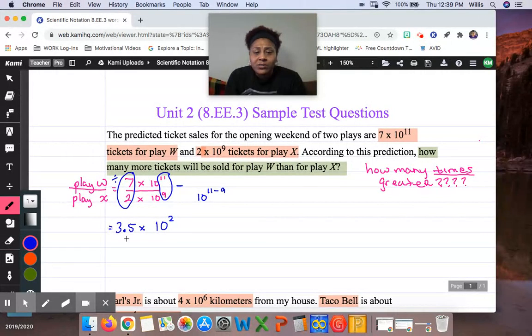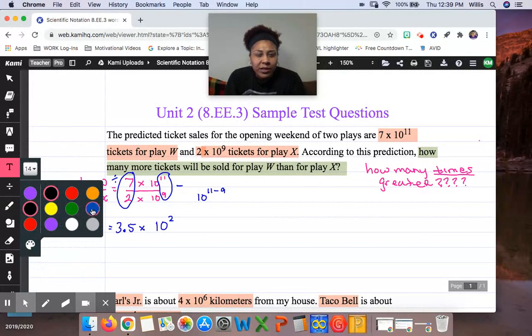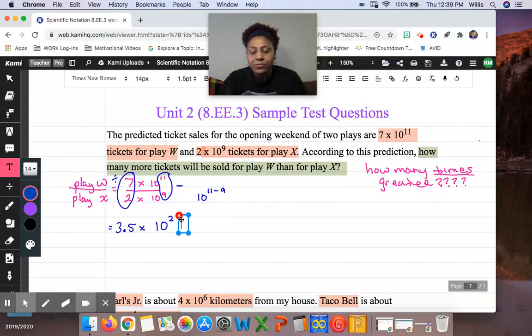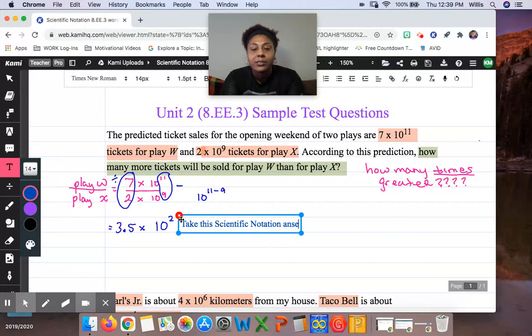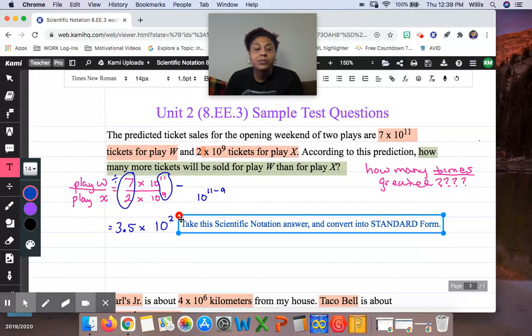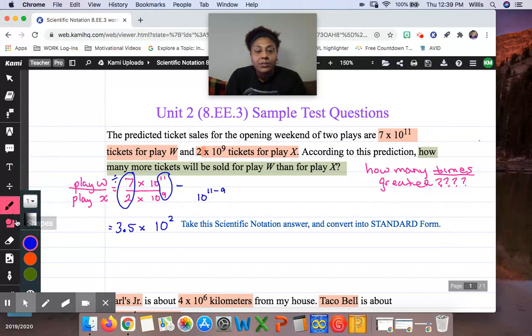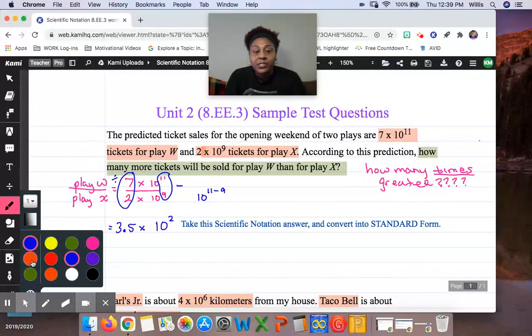So what we need to do is take this scientific notation answer and convert it into standard form. Take this answer that's written in scientific notation and convert it into standard form.